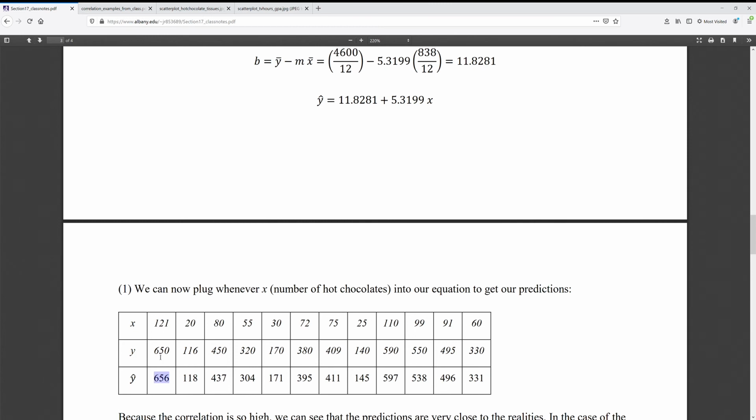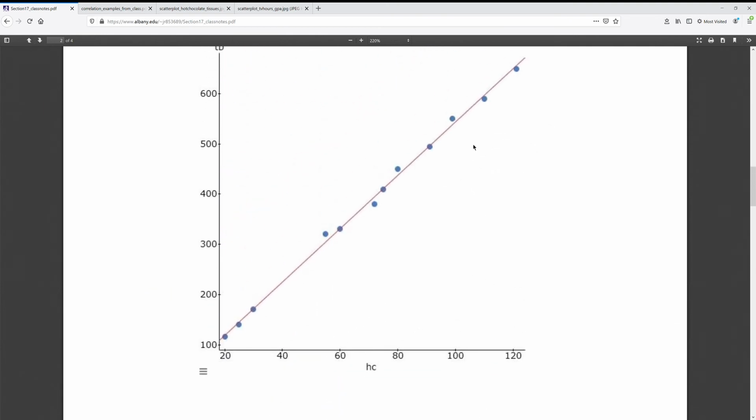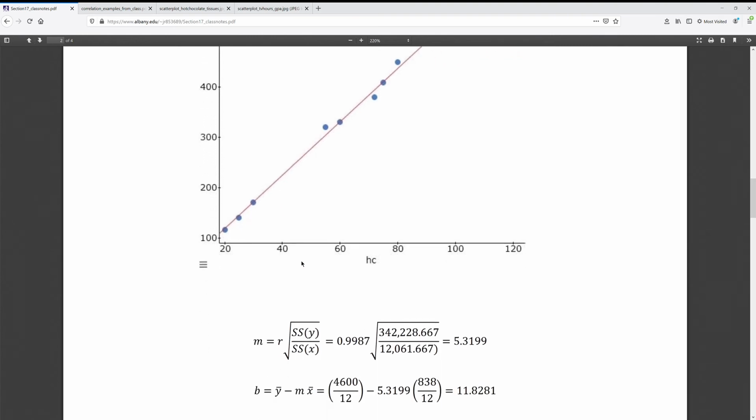Now again, there's no reason you couldn't have 2 months in which you sold 121 hot chocolates but different amounts of tissue boxes. So you can have dots above or below the line, but there's only going to be one height of the line here. There's only going to be one red dot at this horizontal location.